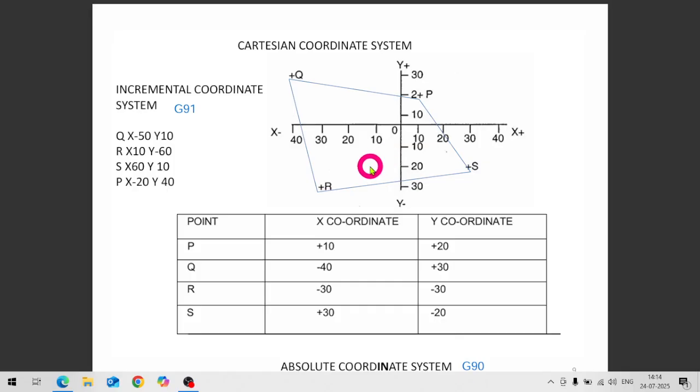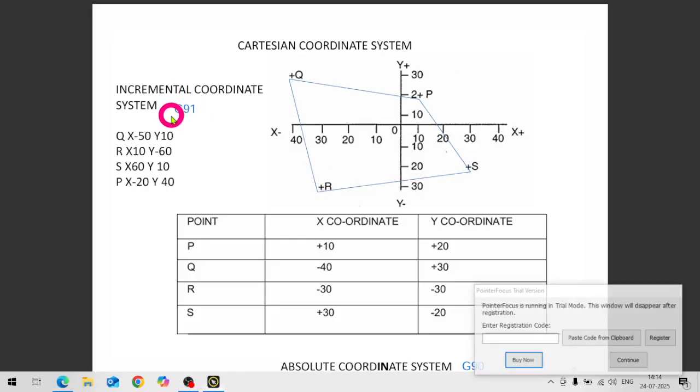Suppose I want to define these 4 points in incremental mode now. How will we define it? G91 is the incremental mode.